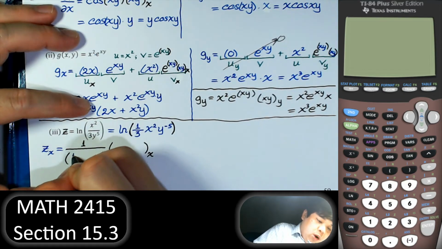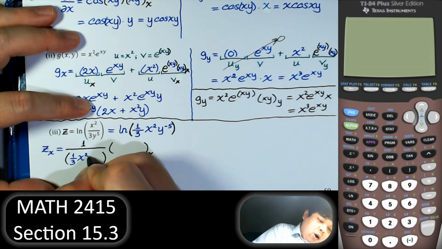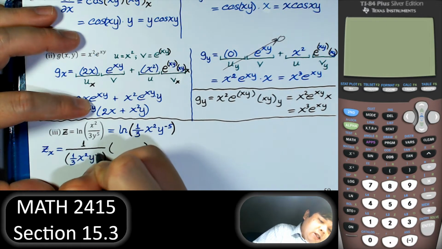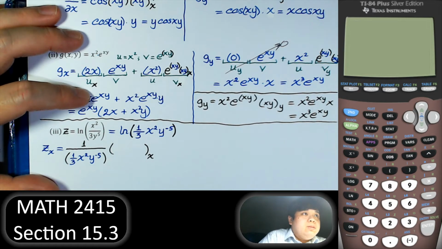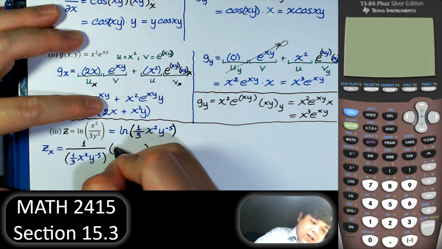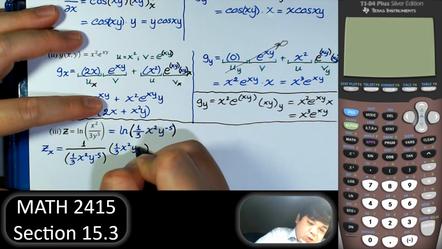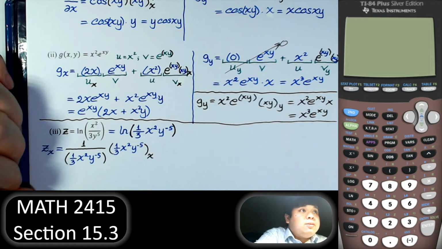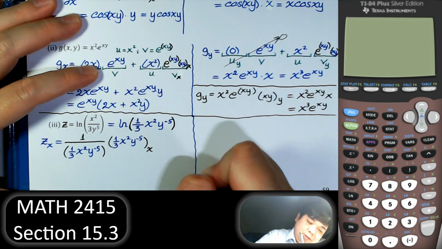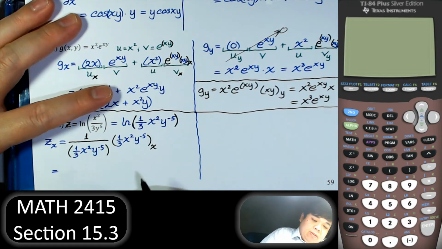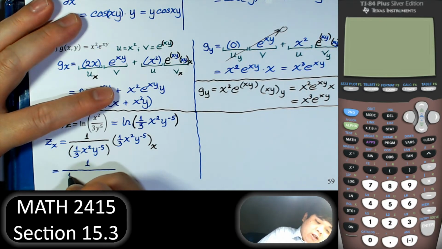So I'm going to put 1/3 x squared y to negative 5. Right, now I'm going to have 1 over 1/3.